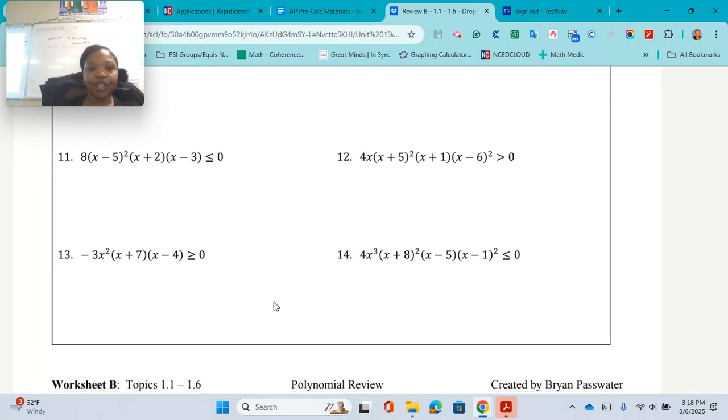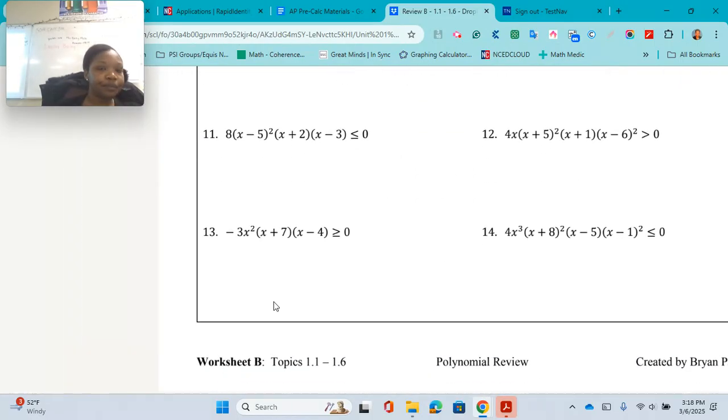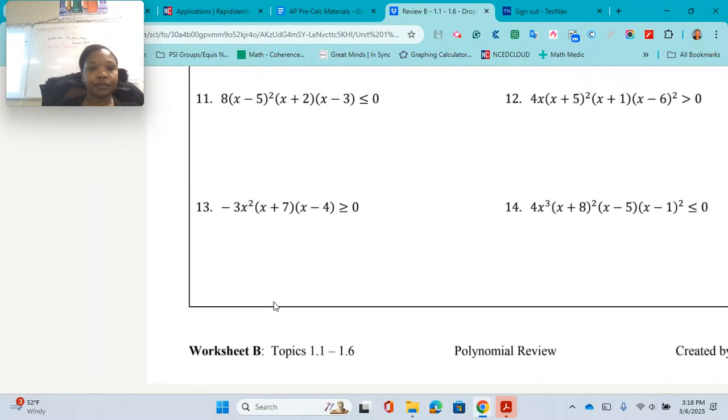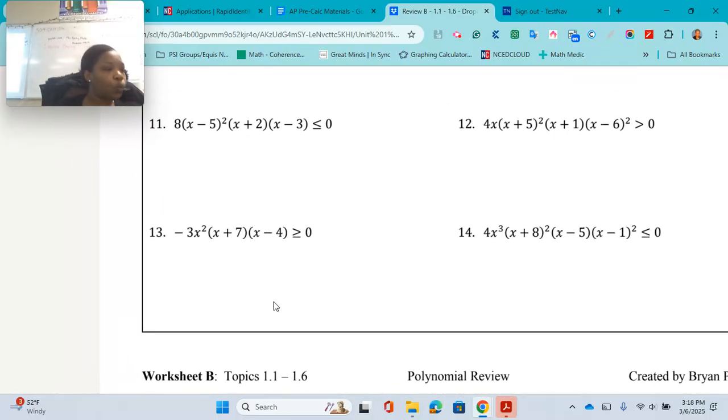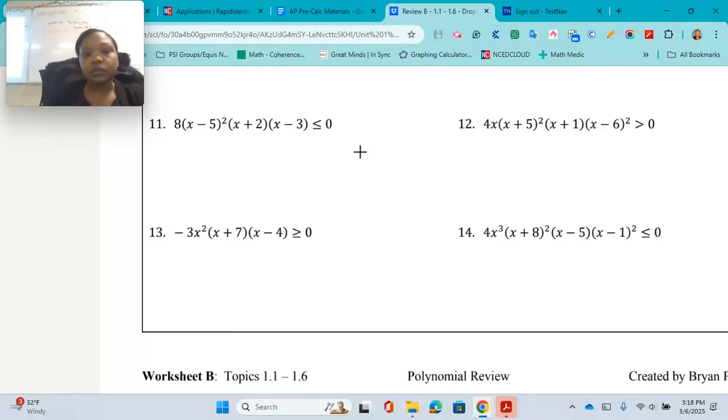All right. Moving right along. We're on number 11. Ooh, this one, the multiplicity changed. Ooh, this looks fun. Let's first get our zeros.